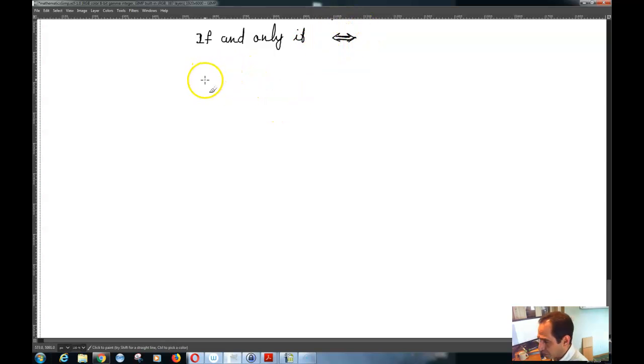For example, if you say P implies Q, that means that P implies Q. If you say Q implies P, that means that Q implies P. Now if P implies Q and also Q implies P, then of course you can say that P if and only if Q.